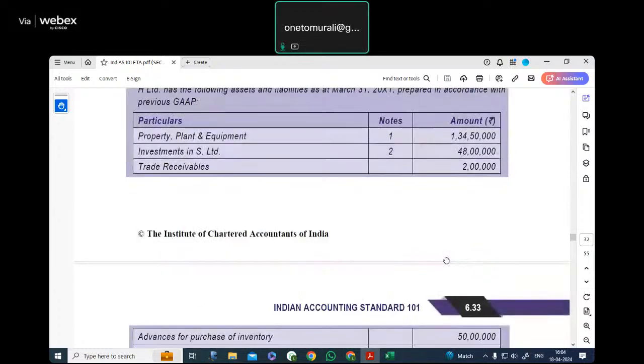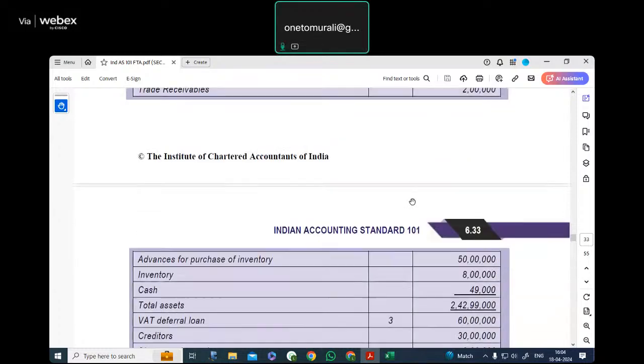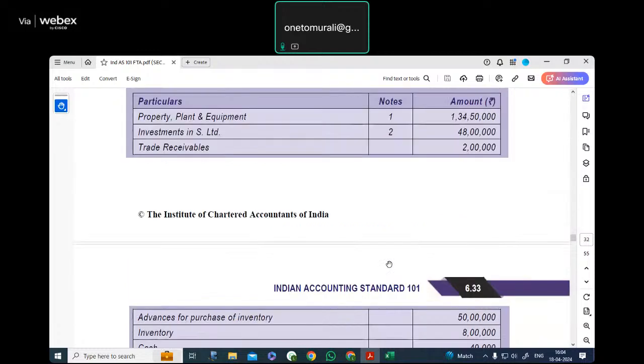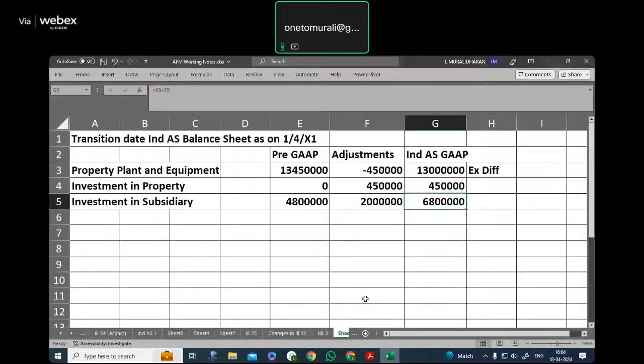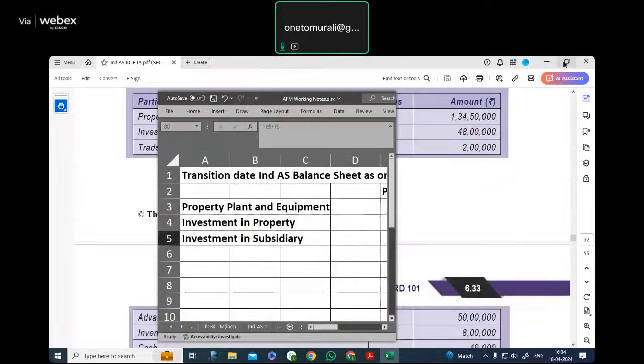Trade receivable, there is no adjustment for trade receivable. Advance for purchase of inventory and cash balance. So we will simply be copying these items from the text.